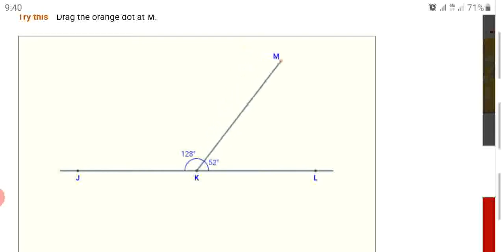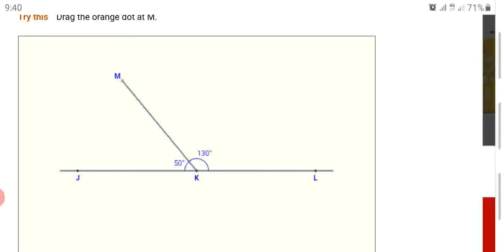Then again look, 130 degrees, and the small angle is 50 degrees. 130 plus 50 is equal to 180 degrees. Then again this also, 50 degrees plus 130 degrees is equal to 180 degrees.